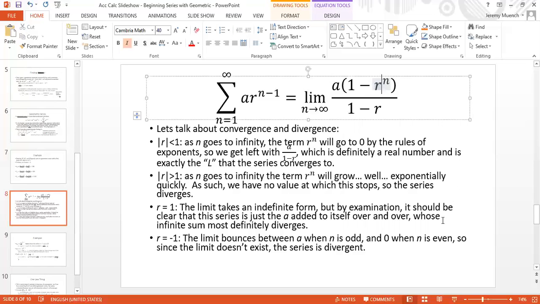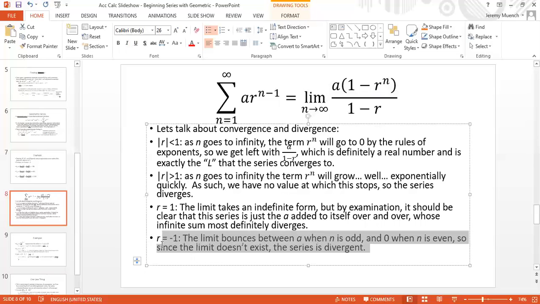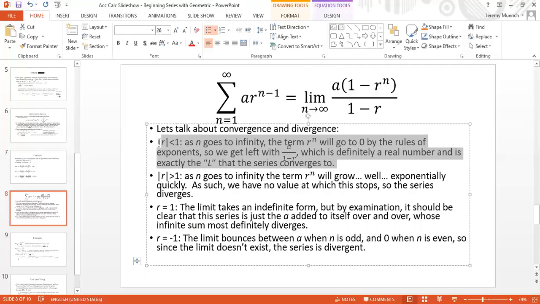Again, by observation, this is just not convergent because it doesn't go to a single value. So only place where we converge is when the absolute value of r is less than 1. This is the only time a geometric series converges. You needn't worry about any others.